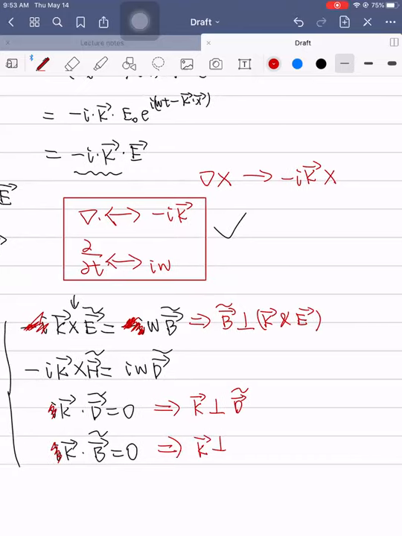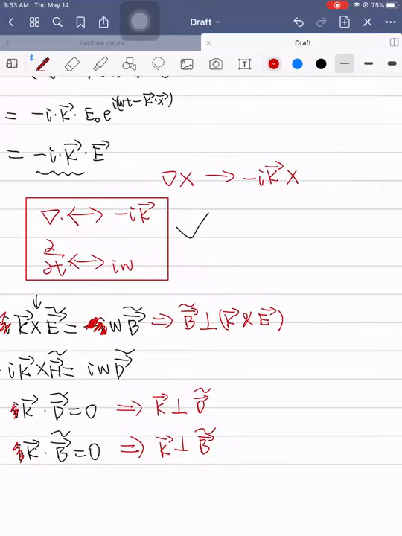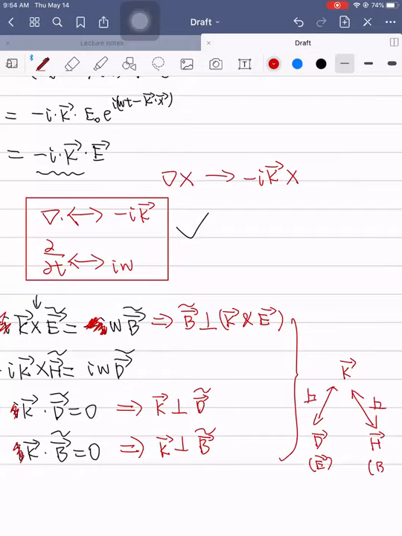This k should be orthogonal to B. So if we combine these three relations, we can tell that k should be orthogonal to both D and H. Since D is equivalent to E and H is equivalent to B, with only the difference of one coefficient, right? So we can get these relations.